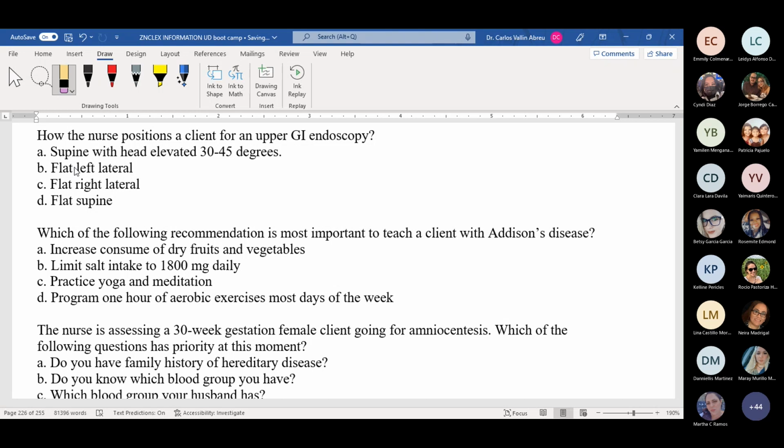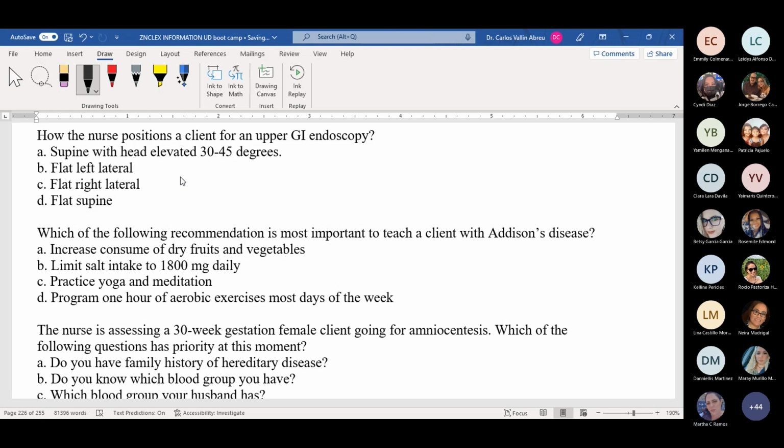What is the position for colonoscopy? Left lateral position. The same position. Which lower extremity is going to be flexed, the right or the left? The right.